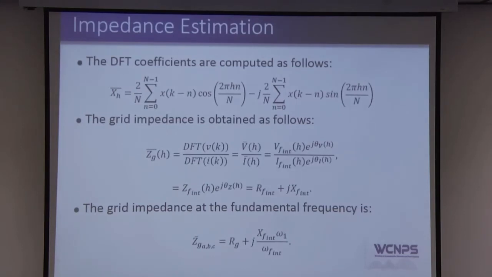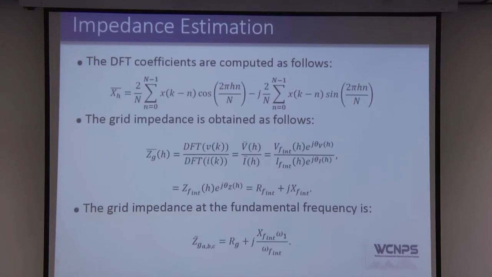Basically, the impedance estimation uses the DFT with this formulation, and the DFT coefficients are calculated by this first equation, where X_H is the complex vector of the DFT coefficients, and H is the component that we are trying to collect, and this big N is the sample window.